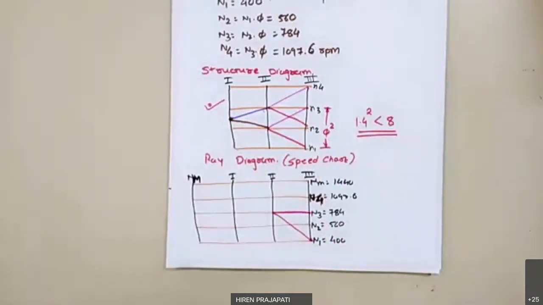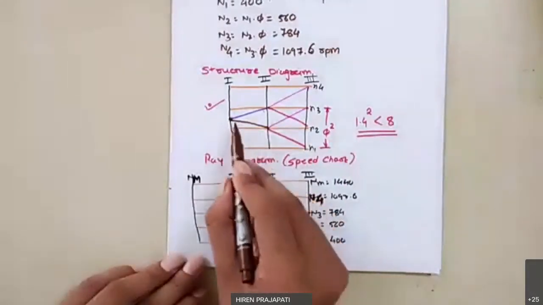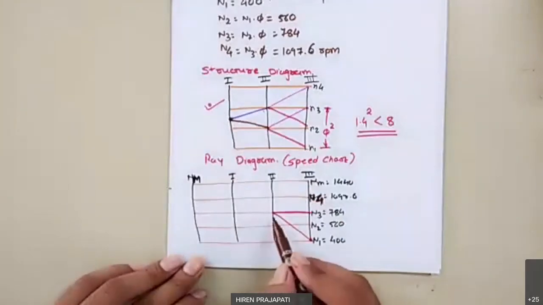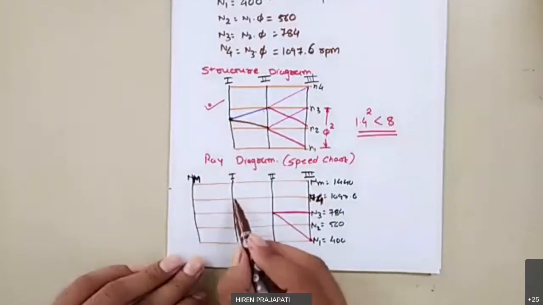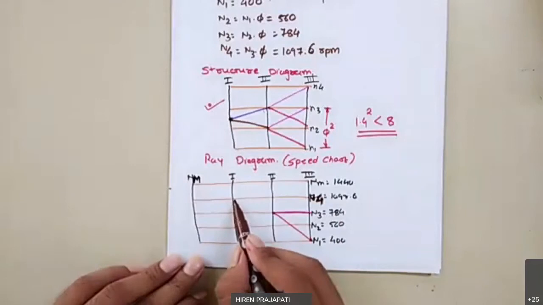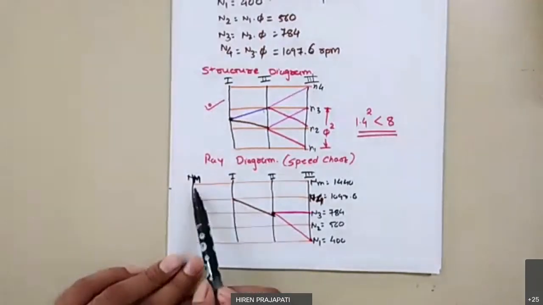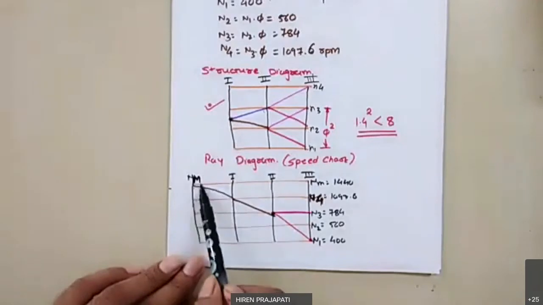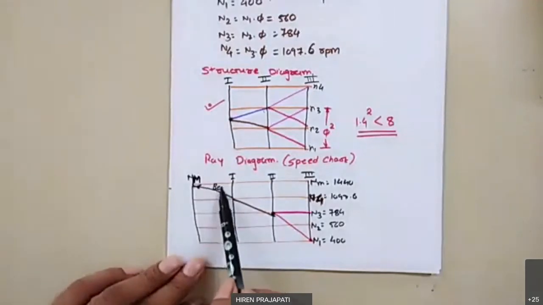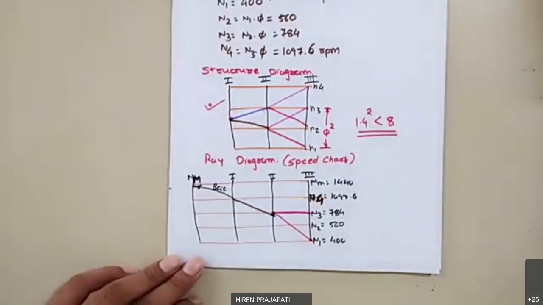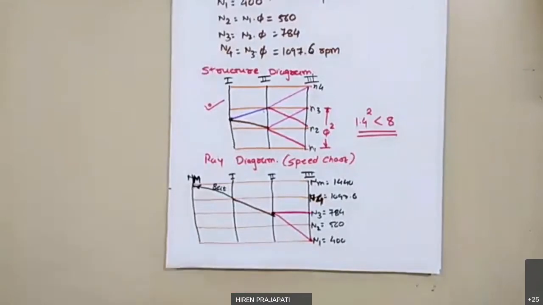Now let's move further. Let's draw this brown line, brown ray. Then from this, the only available is N4, so N4 to N3. And then finally N4 to NM using belt and pulley. Now let us complete this ray diagram.